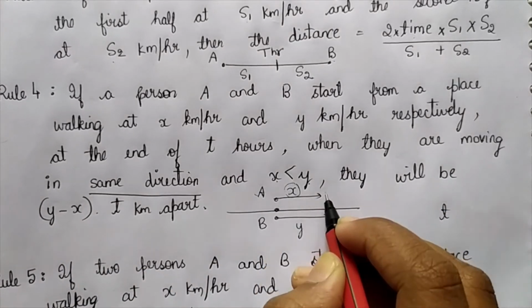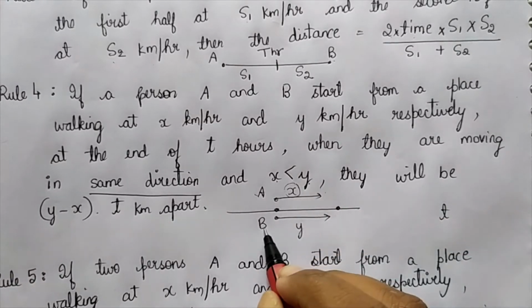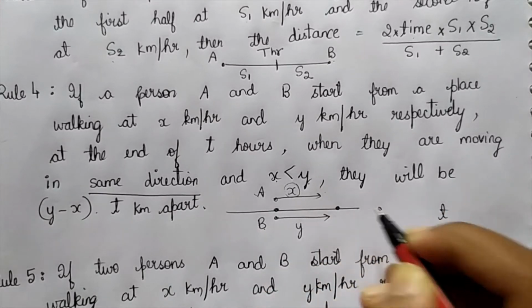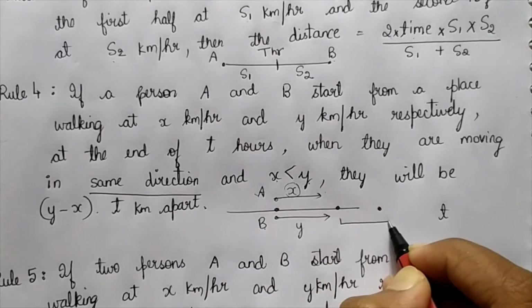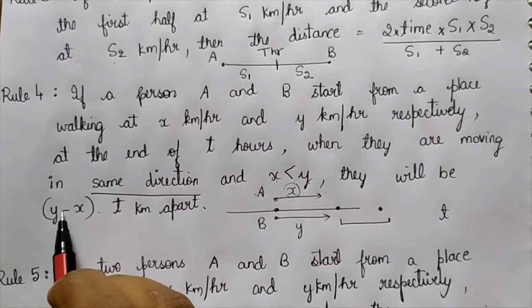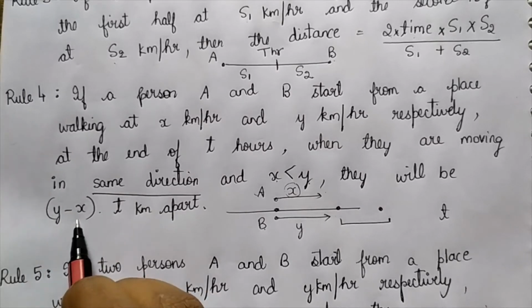If A walks at speed x, he might reach this point at time t. If B walks at speed y, he may reach this point at time t. At the same time, they are asking what is the distance between them. In order to find the distance, we just take the difference of their speeds into time, y minus x into t.